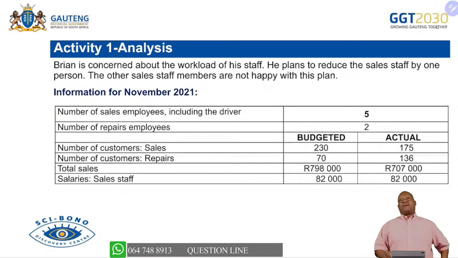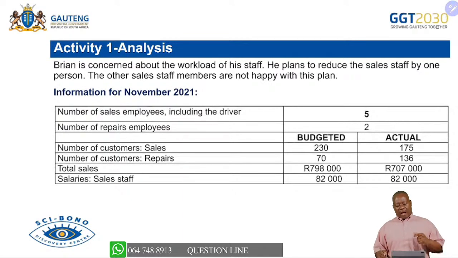So it means there are 4 on the shop floor, 5 with the driver, and that's the sales team. The number of repair employees, 2. In other words, they are saying he intends to reduce the sales staff by 1. So it means they are going to be 4, including the driver.